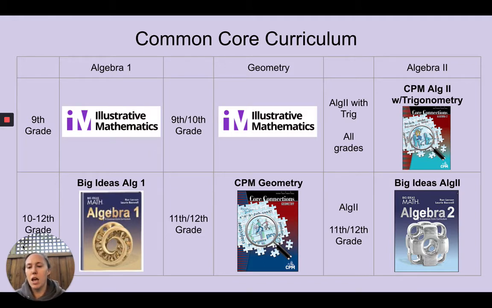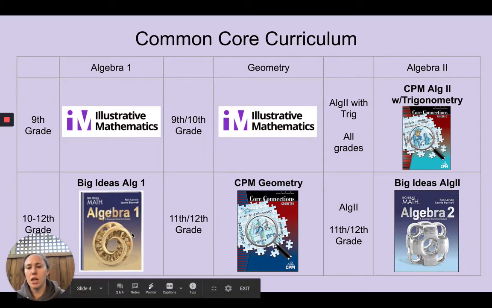And then Algebra 1 for 10th through 12th graders uses the Big Ideas textbook, which focuses on the same thing, linear, exponential, and quadratic relationships, just two different curriculums, so that if in 9th grade it didn't work for them, they can see it a different way in 10th through 12th grade.